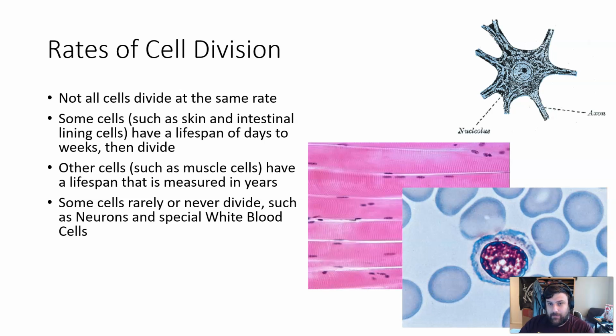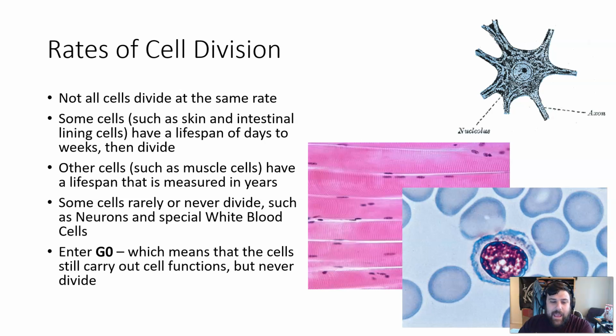They never divide. Or if they do, it's very, very rare. They enter what is called G0, meaning that the cell still carries out all the functions it needs to do. So with nerve cells, neurons, they still do everything a cell does. It's just they will never divide, ever.